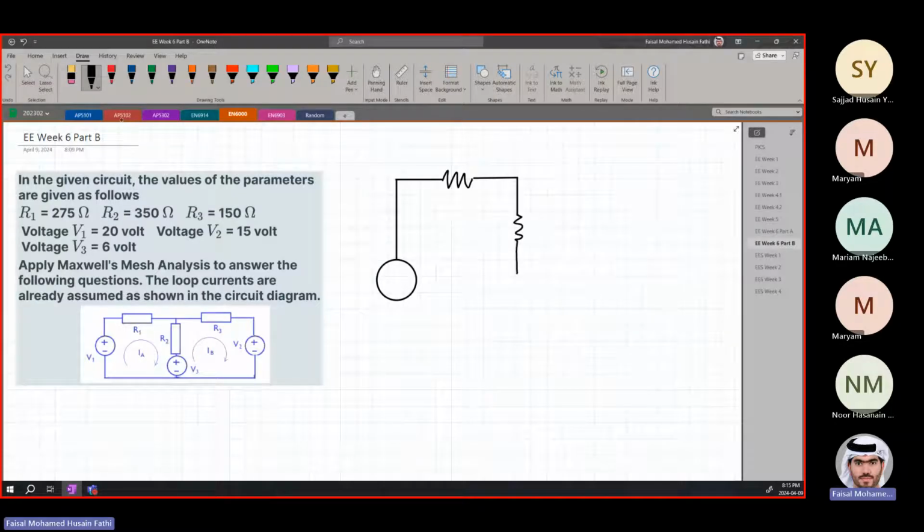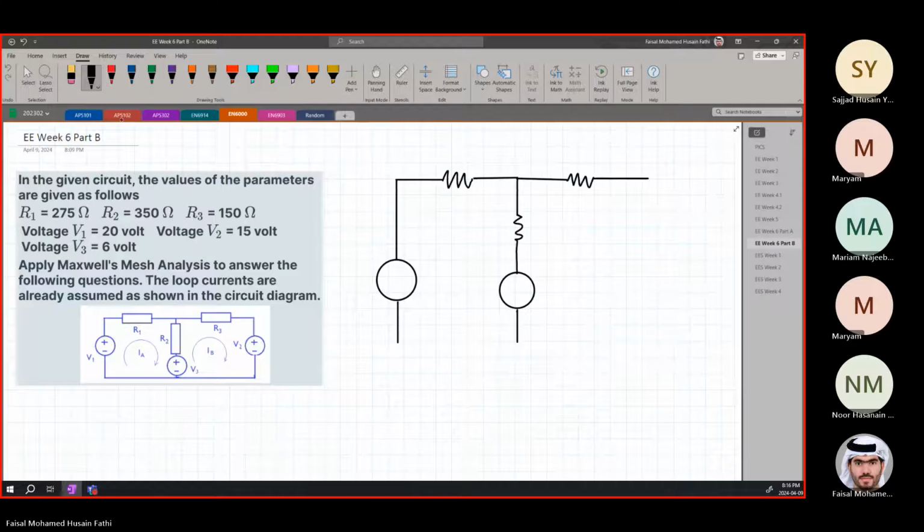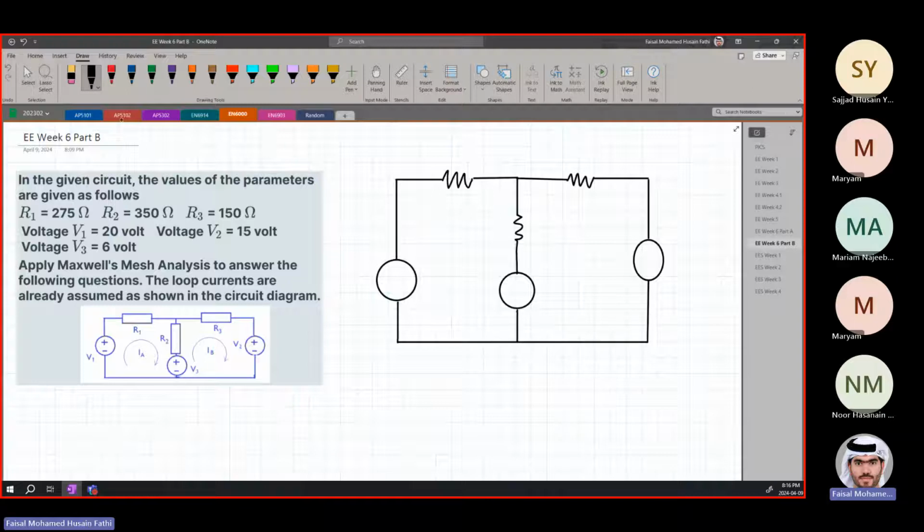And then we have a voltage source again here. We have another resistor over here. Then we have another voltage source over here as well. And then we will close the circuit like that.